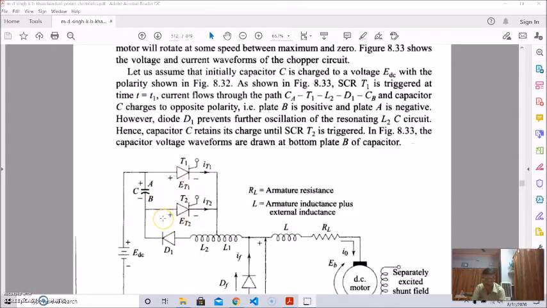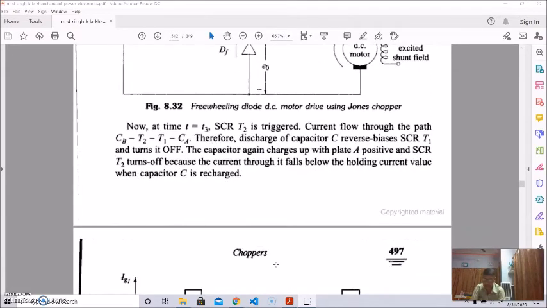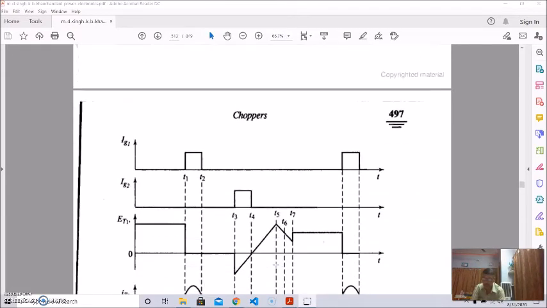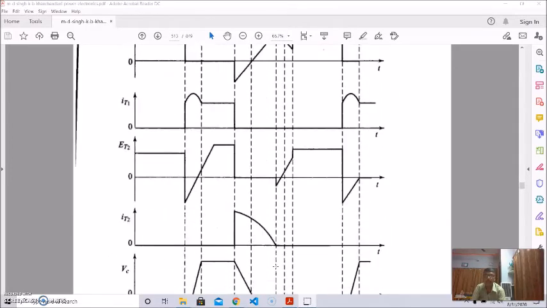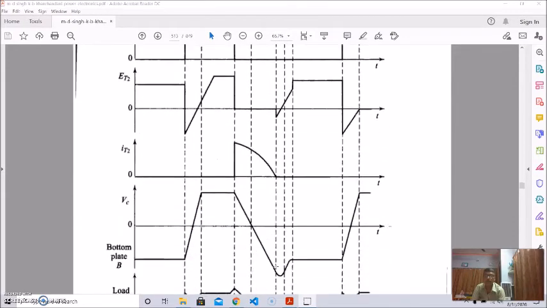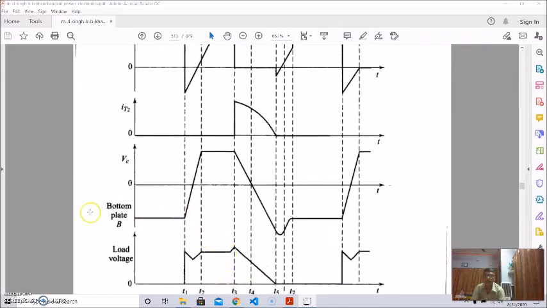The capacitor voltage waveform is drawn at the bottom plate B of the capacitor, as shown here.